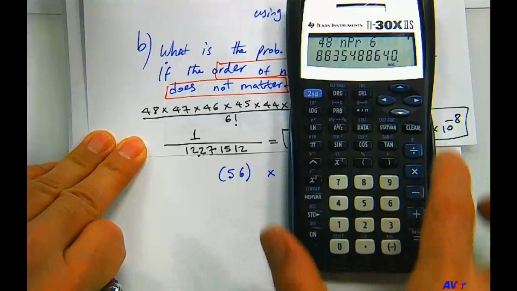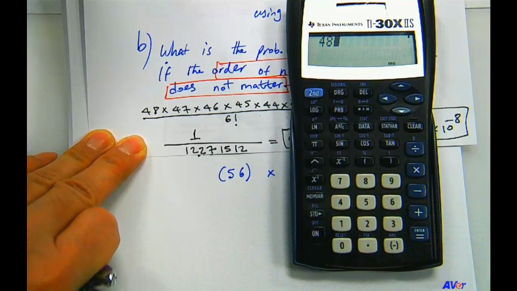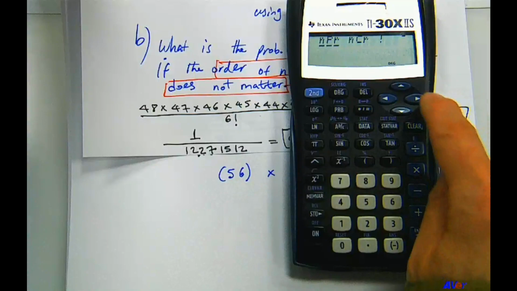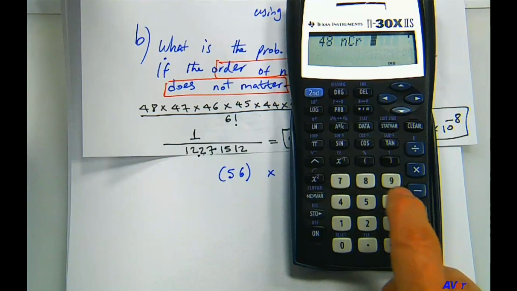Let's calculate that. So we have 48 and nPr again. This time we want combination, nCr. So scroll over to that option, hit the enter key to pick it, and then enter 6.